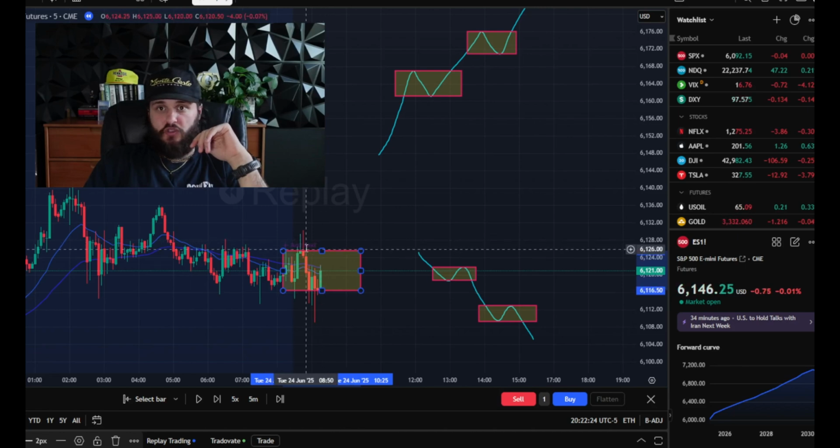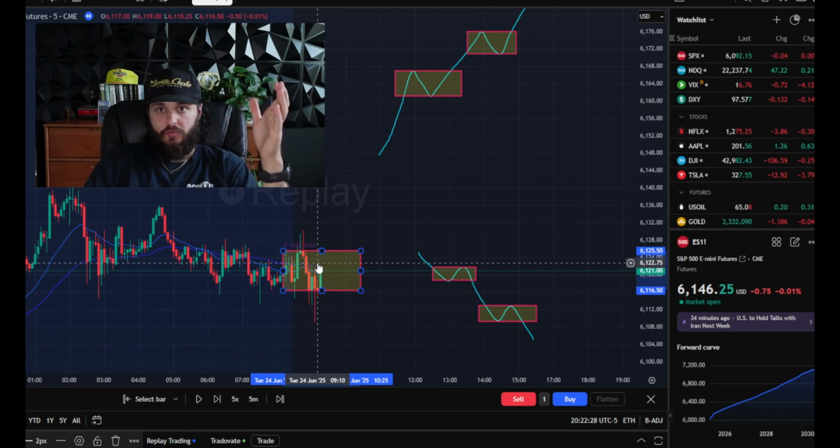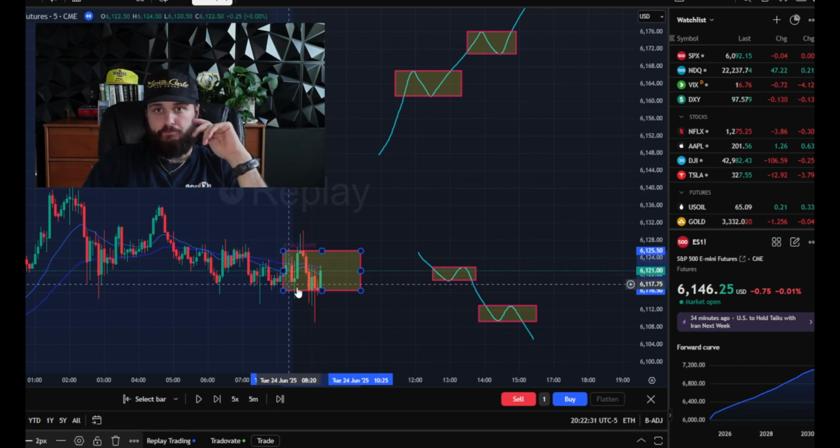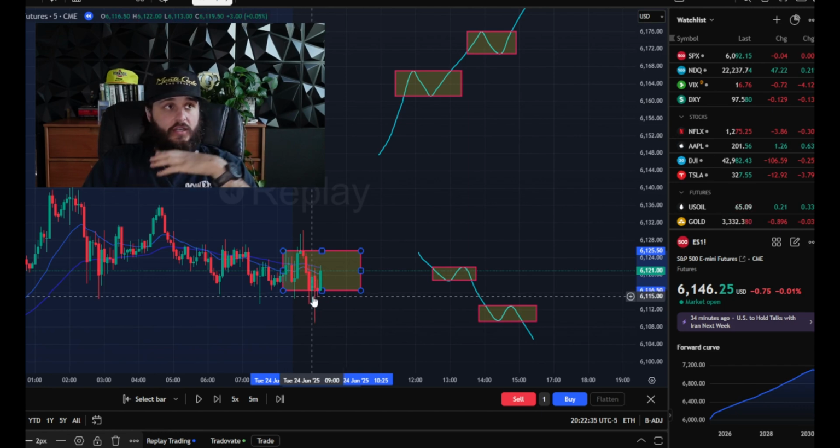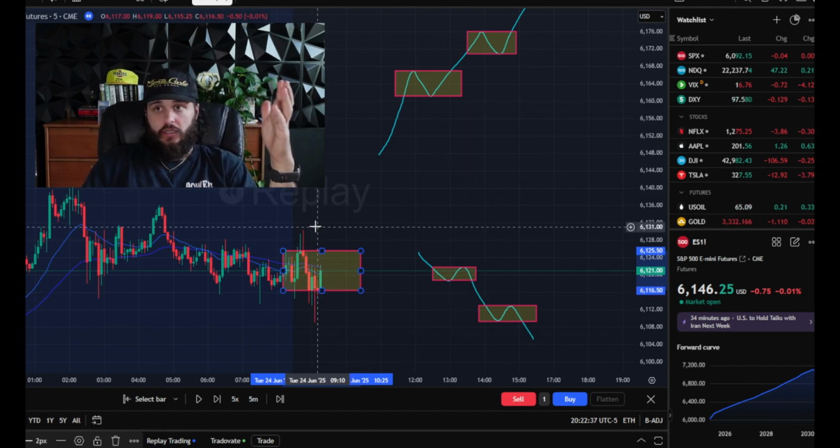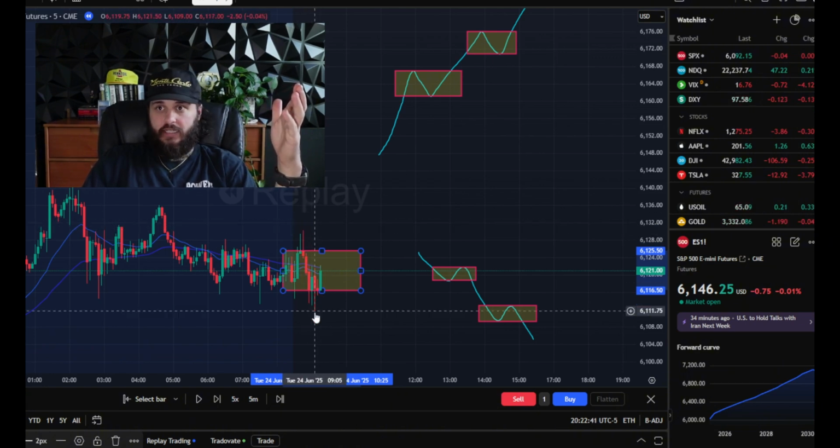Now, some of you experienced traders may already see something that looks different from what a lot of you focus on, which is I only focus on candle body highs and lows. I don't tend to focus too much on the actual price action high or low.